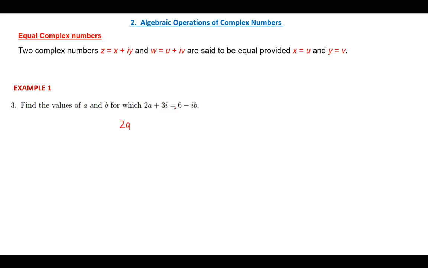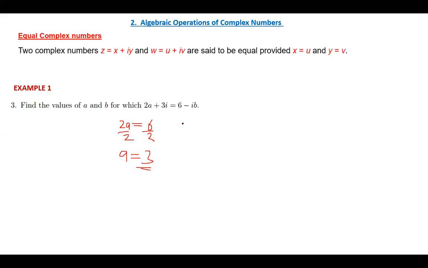On the right hand side of the equal sign, the real part is 6. So you put them like that, and from here you can find the value of a. You just divide by 2 on both sides, and find a equal to 3.